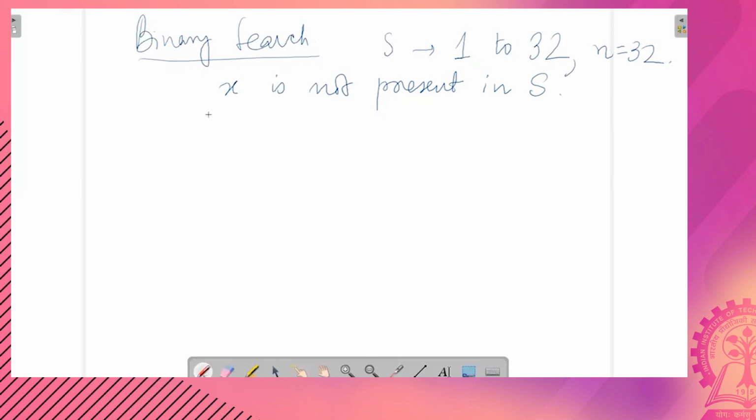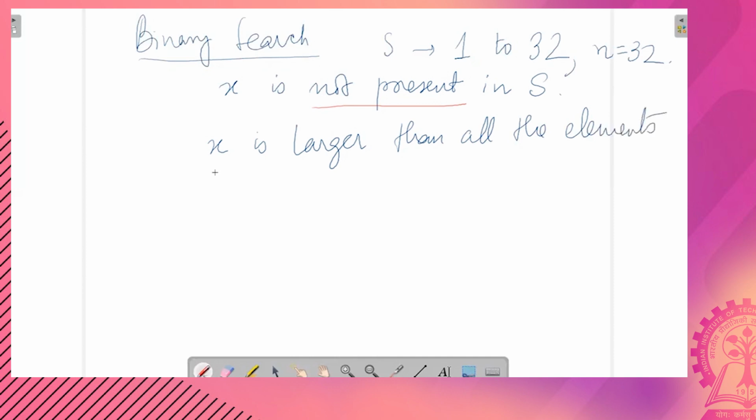And without any loss of generality, we could assume any one of the two following cases. Let us say that X is larger than all the elements present in S. You could have also done the same thing with the consideration that X is smaller than all the elements in S. So this is a symmetric case.